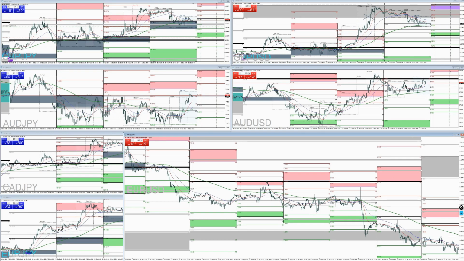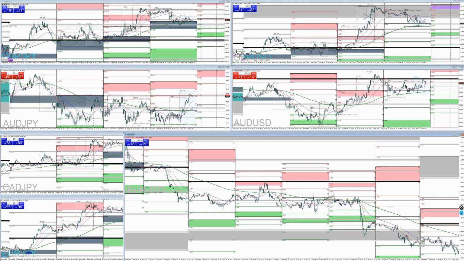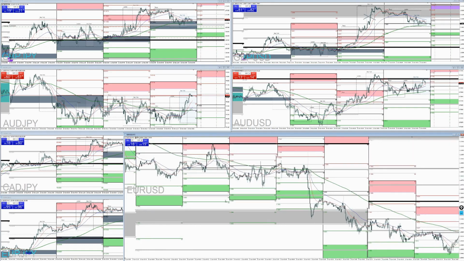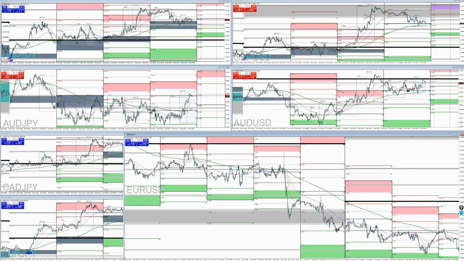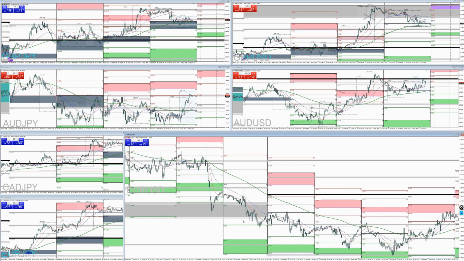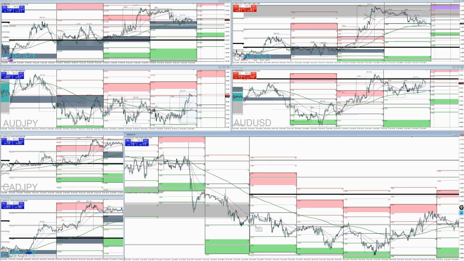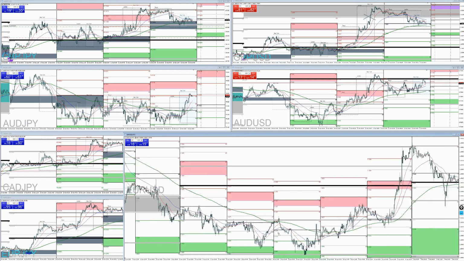But the problem here is we're breaching the weekly M2, so no trade there. Next week, got a possible bounce off of M2, never breached the central pivot, drop below. No trade.